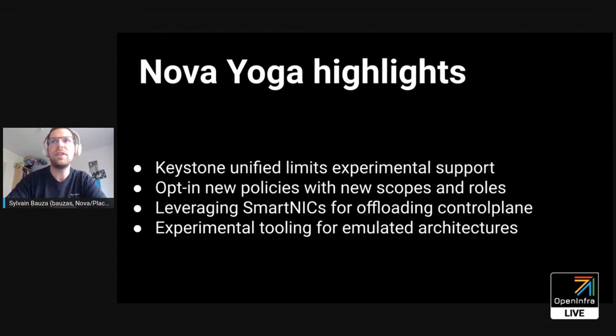Also, what's definitely nice is that we have new experimental tooling for emulated architectures. What that means is that, for example, if you want to test some, say, PPC64 architecture for guests, you can do it.